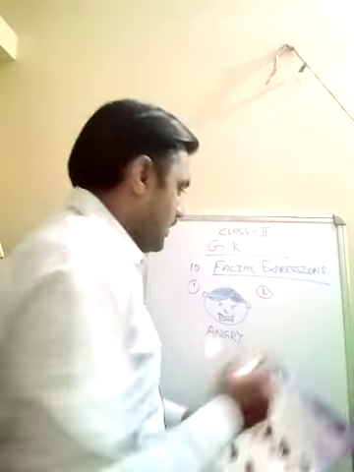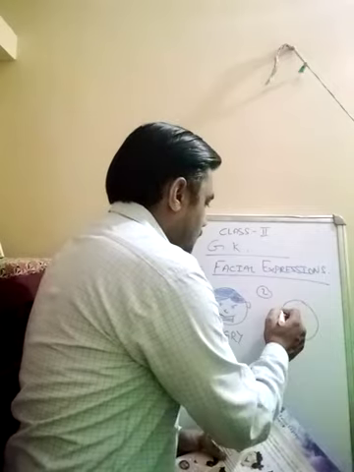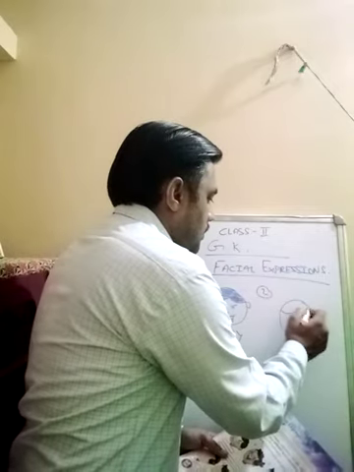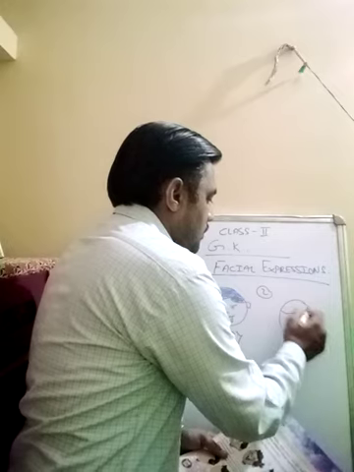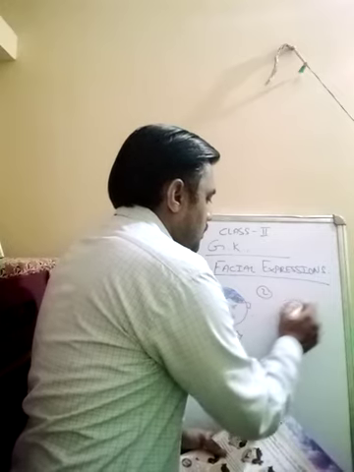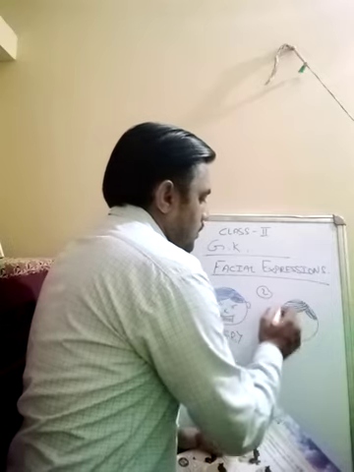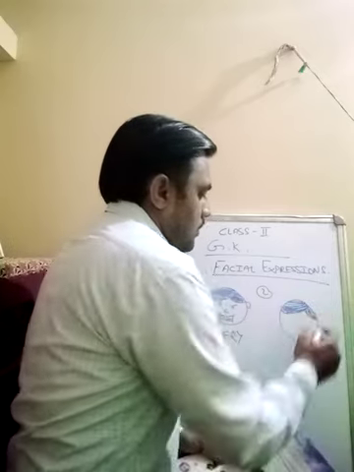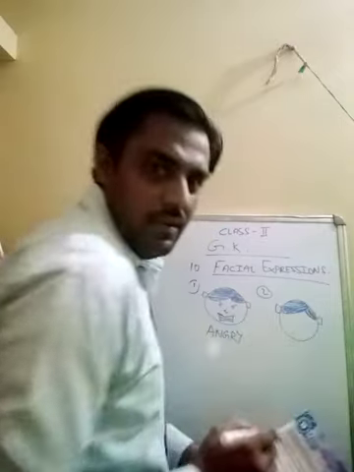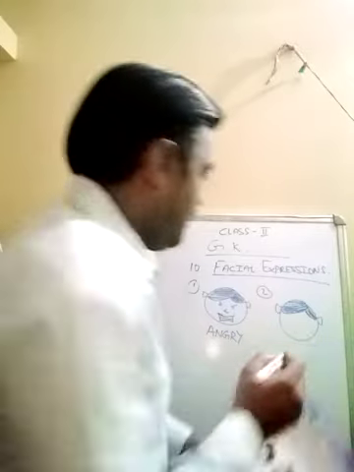For the second facial expression, again we'll draw a face. We'll give it some hair. Let's give it 2 ears also, like Frodo, right? So let's see.